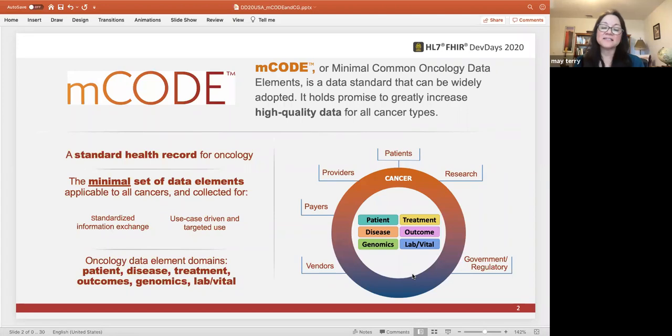But it has since expanded, with the vision that we can have that data element set be useful for a number of different stakeholders, which would include patients and providers, at some point in the future, payers, government and regulatory, as well as research.